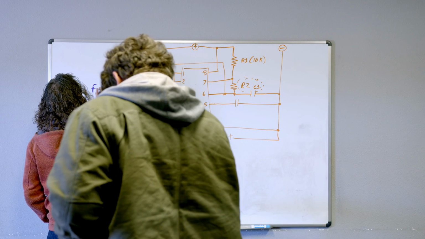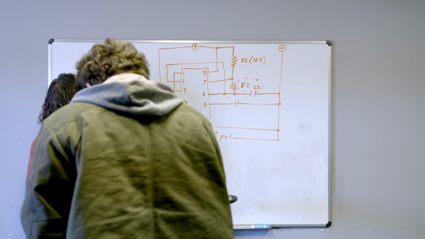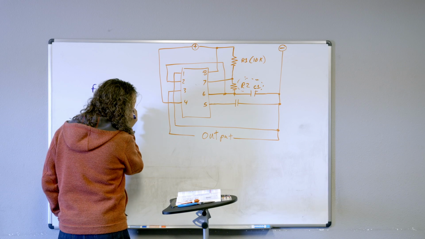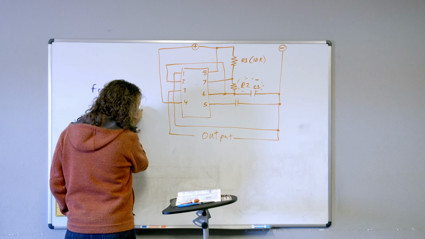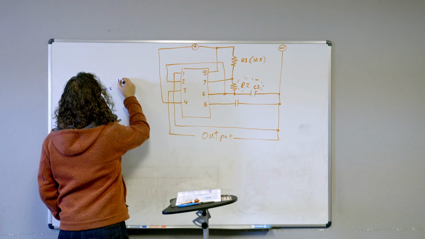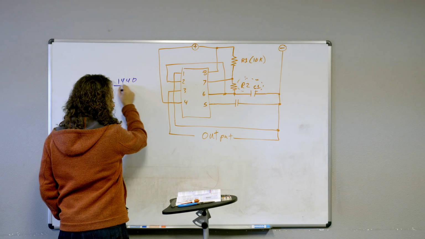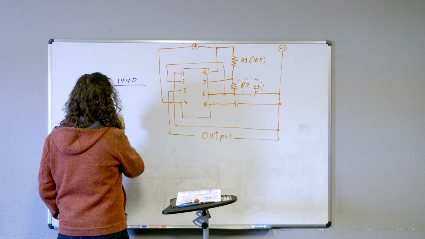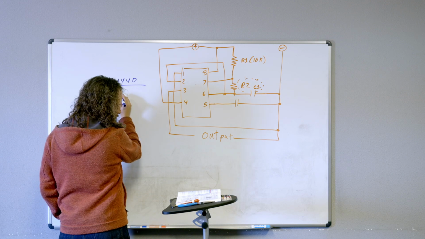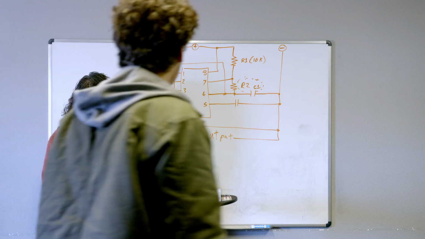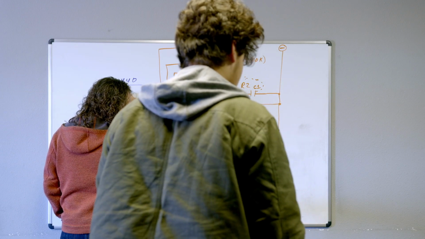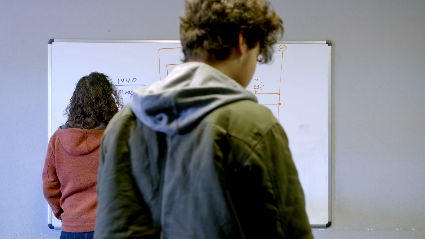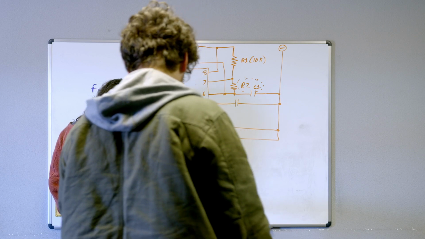Frequency equals 1,440 divided by (R1 plus 2 times R2) times C1.